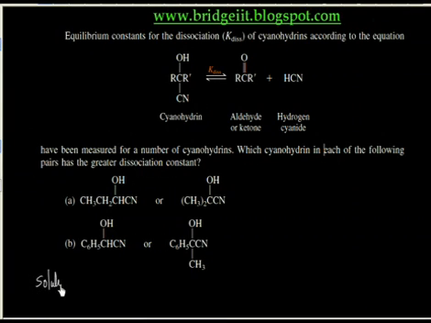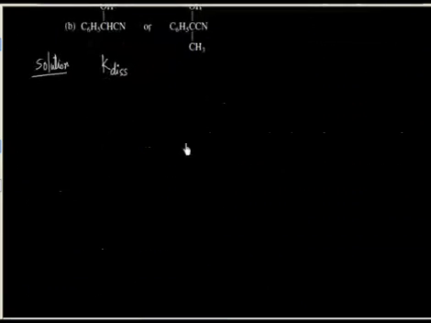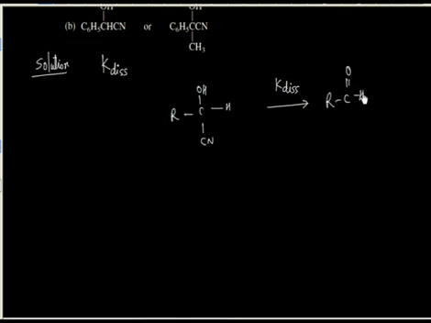We are interested in K dissociation. Now you have a cyanohydrin, which can come from either an aldehyde or a ketone. Let us say this is the cyanohydrin you have, and this cyanohydrin of aldehyde can dissociate and give you aldehyde plus HCN.